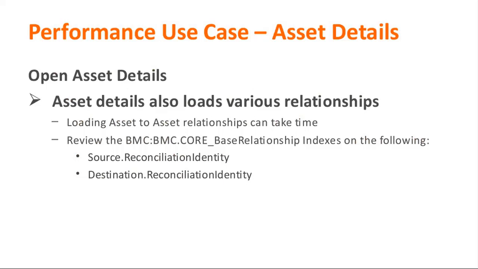So you need to make sure we have the following indexes on the base relationship table: source reconciliation ID and destination reconciliation ID. For most cases, they should be there out of the box, but we've noticed a few instances where one of them was missing, and once we added the right indexes, the asset details loaded pretty fast.